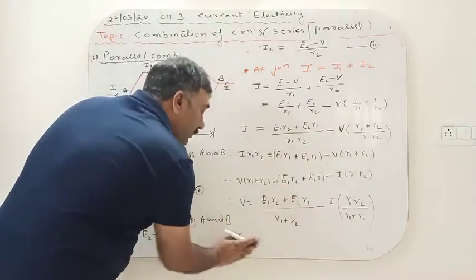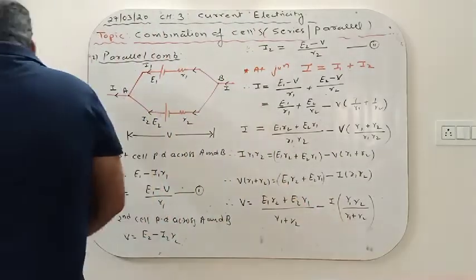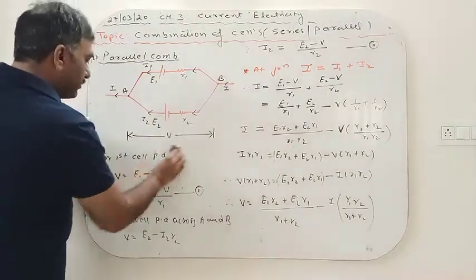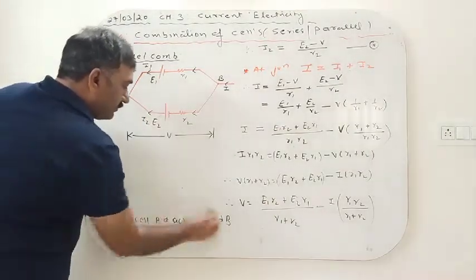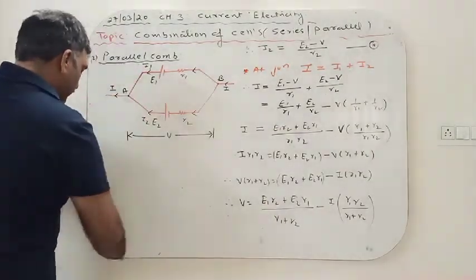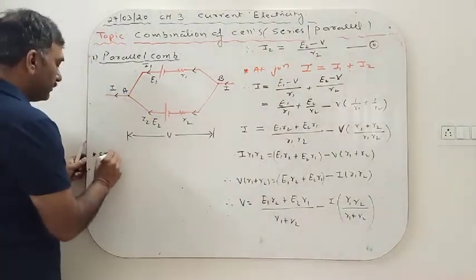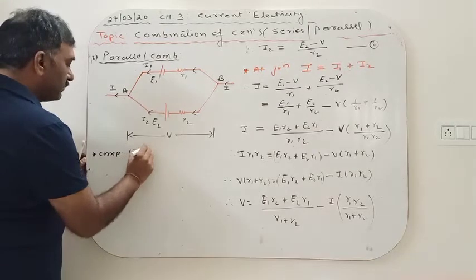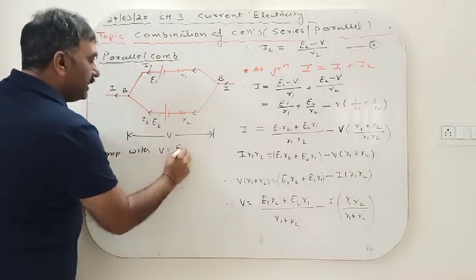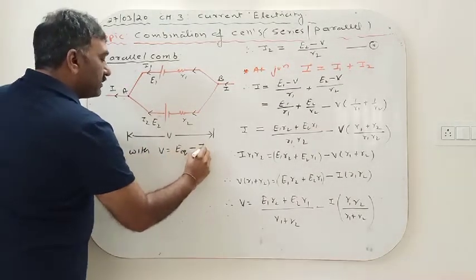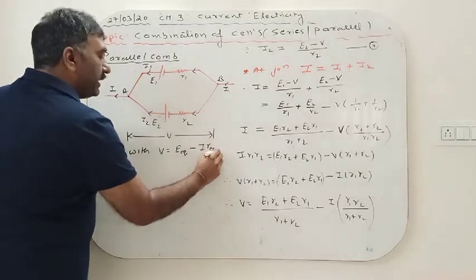And now we have to compare with V is equal to E equivalent minus I R equivalent.